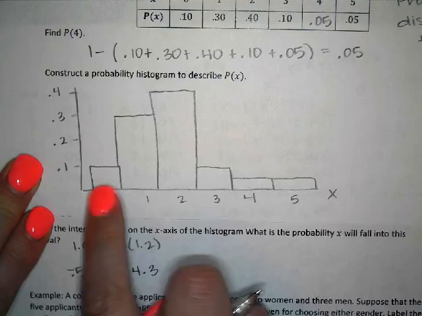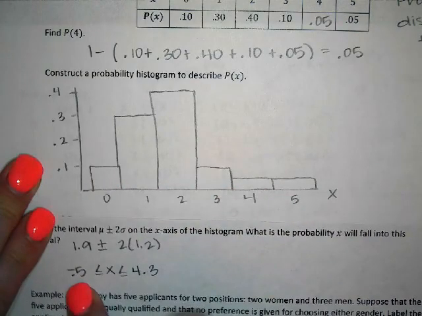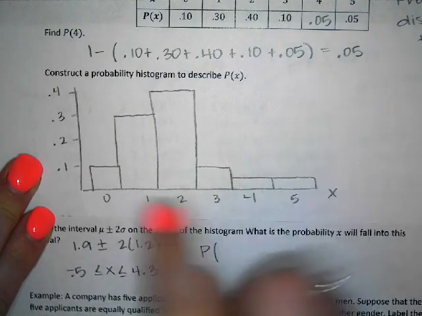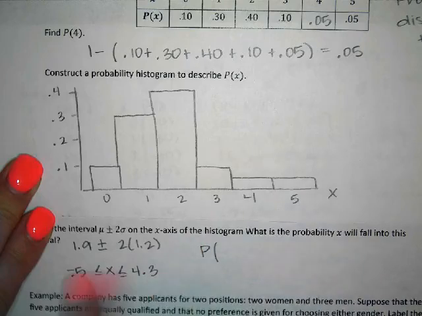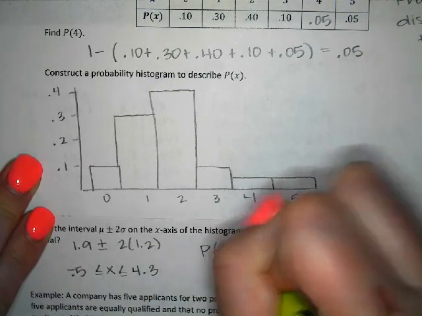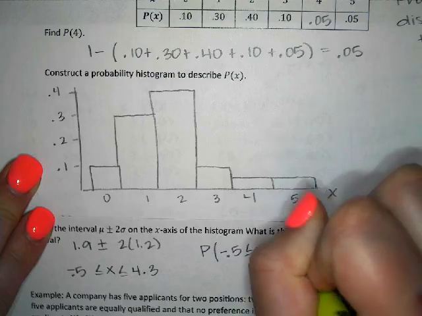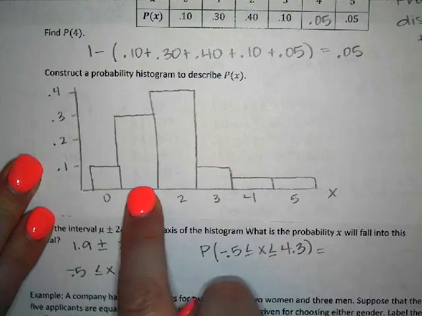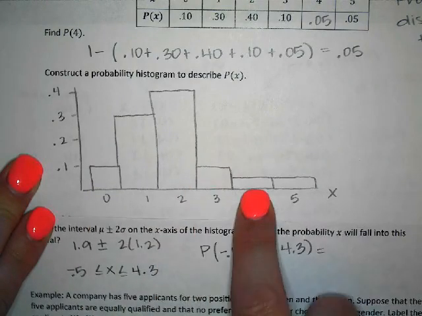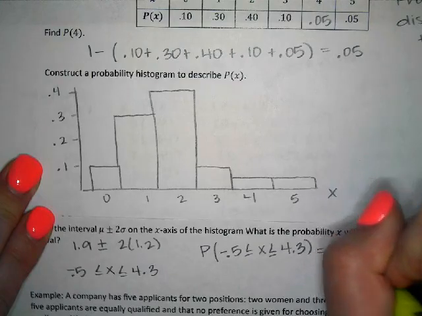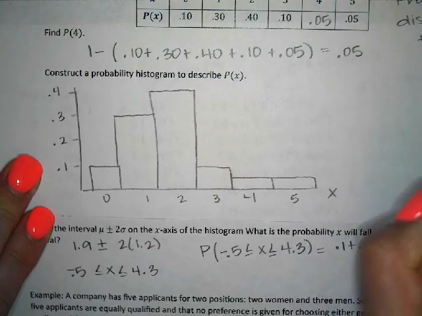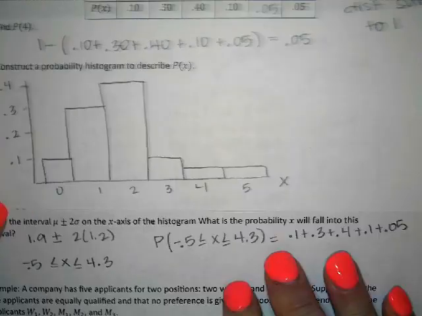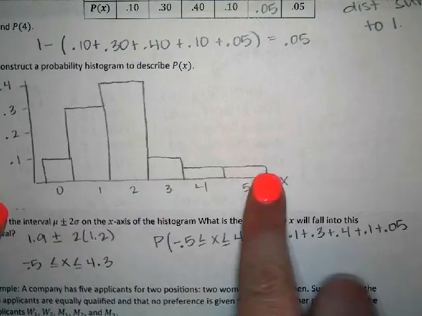So I'm going to say the probability that any of the values that we get from the table falls in between these values would be 0.1 plus 0.3 plus 0.4 plus 0.1 plus 0.05 divided by the total probability or the total number of options, and that's 1. Every number that we can possibly have adds up to 1.